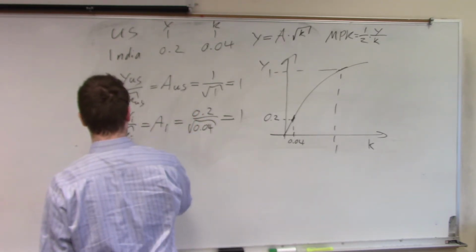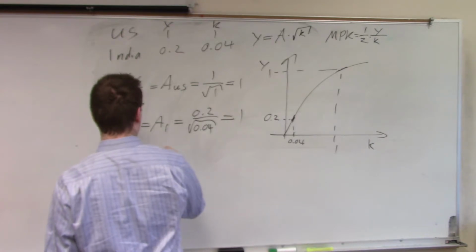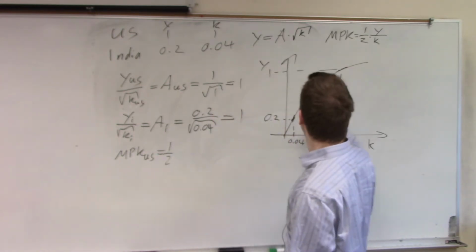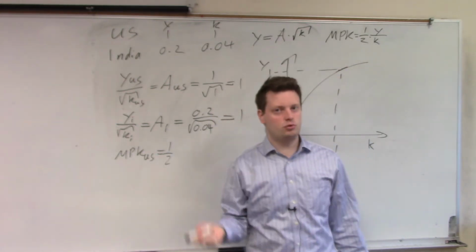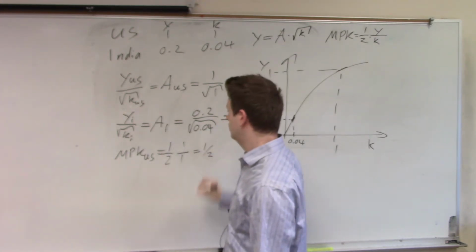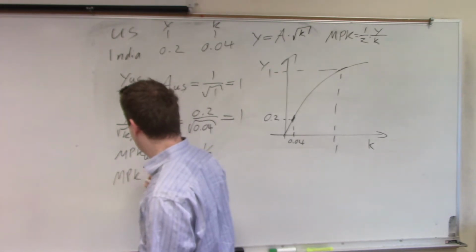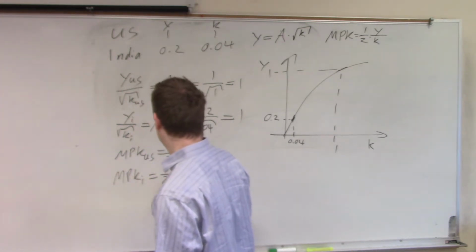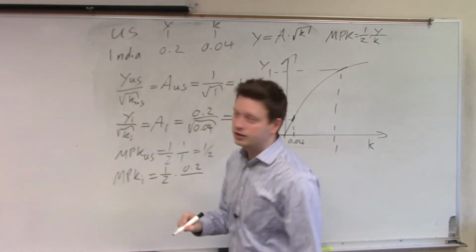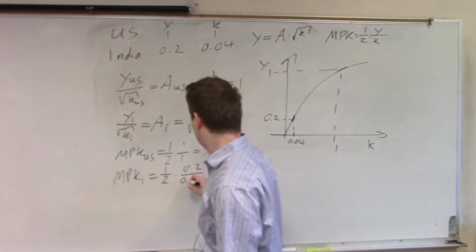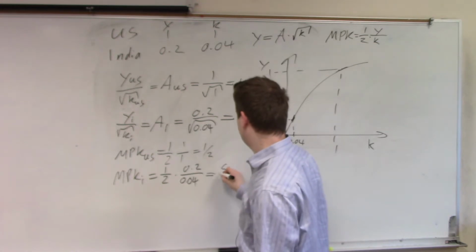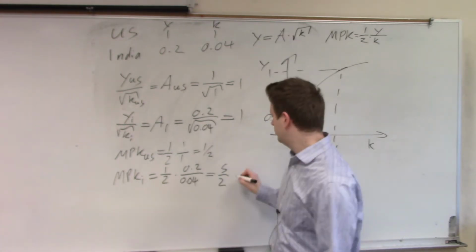So MPK for the US will be equal to 1/2 times Y over K. Y is 1, K is 1, so it will be equal to 1/2. And MPK India will be 1/2 times, output was 0.2, and capital was 0.04. So this is 5 times 1/2 gives us 5 over 2, which is strictly greater than 1/2.